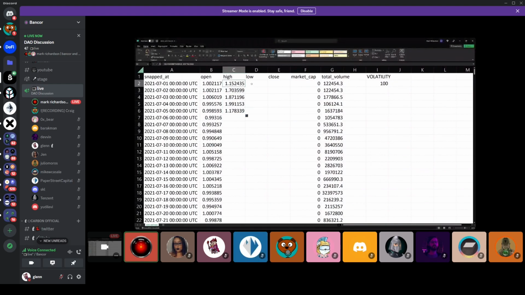And if we want to make this slightly more reasonable, we can change this volatility number. Paradoxically, if we set this to a higher number, that means this delta is being divided by a higher number. So instead of a 2x, this is now a maximum of 10%.